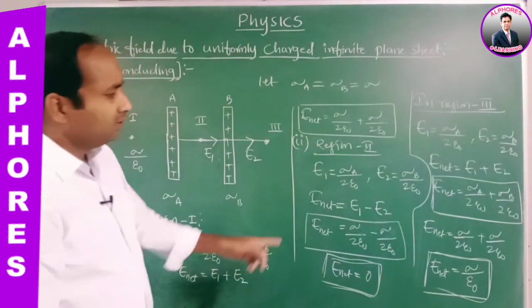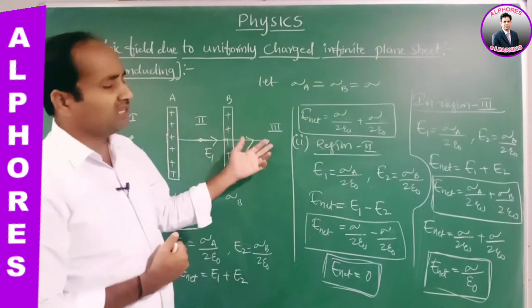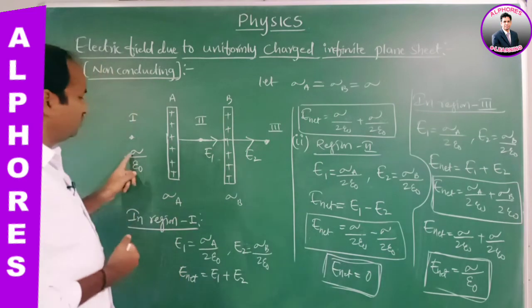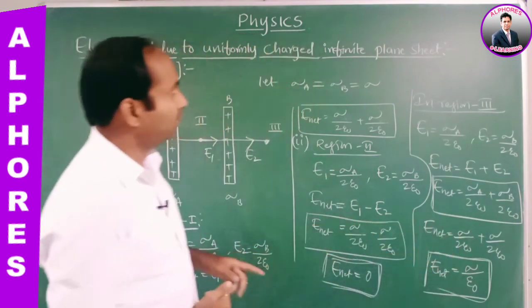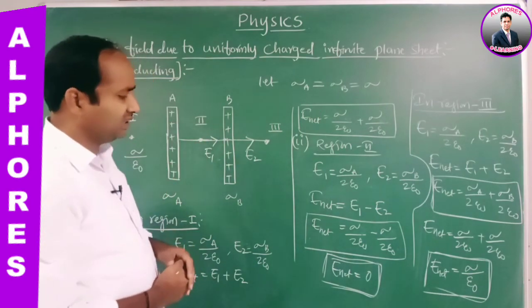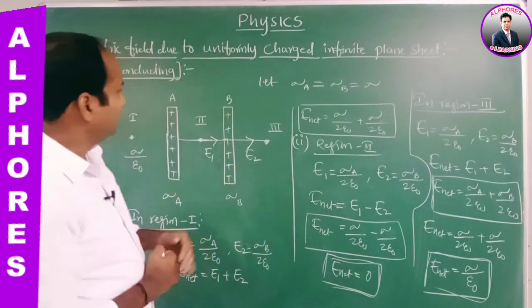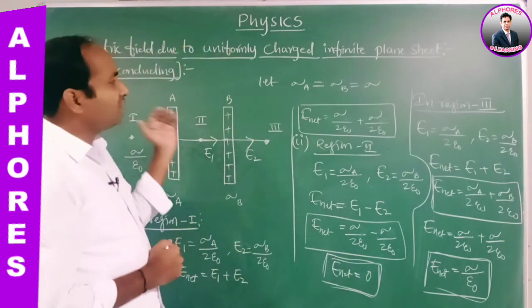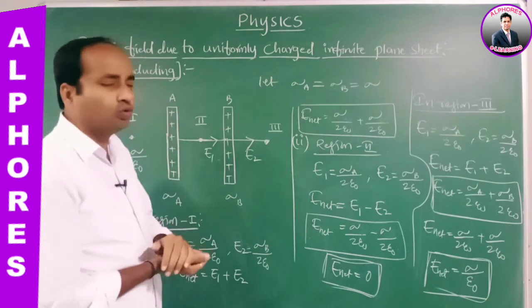See, in region 1 and region 3, again the same. What is the value? Sigma by epsilon naught. But in between these two metal plates, what is the intensity of electric field? It is 0.